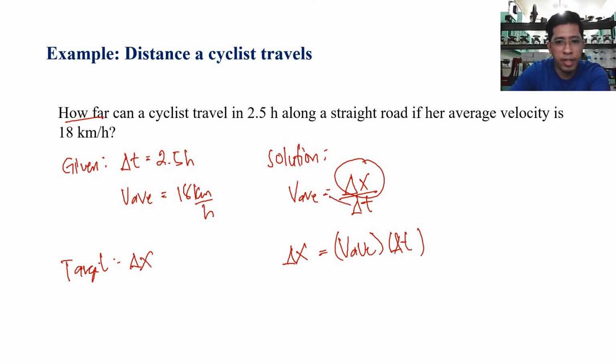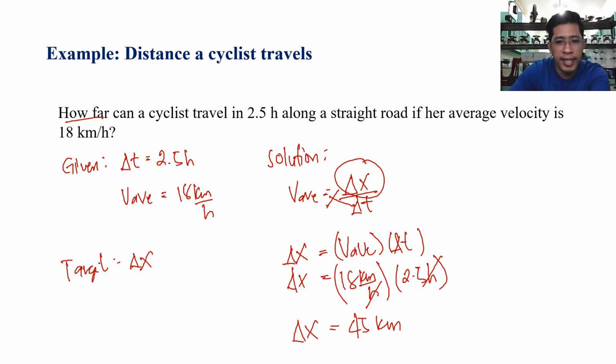You just multiply delta t with V average and delta x with 1. So delta x is equal to 18 kilometers per hour times 2.5 hours. You will see that the hour units cancel. So delta x is equal to 45 kilometers.